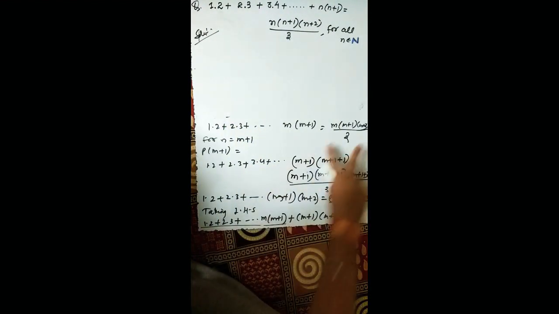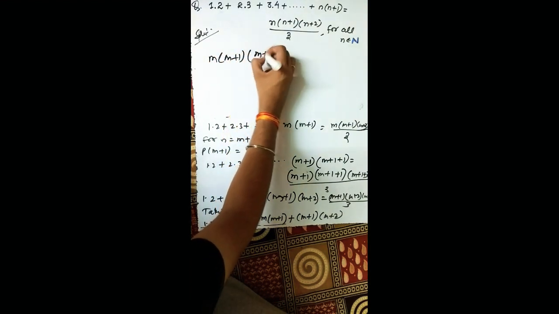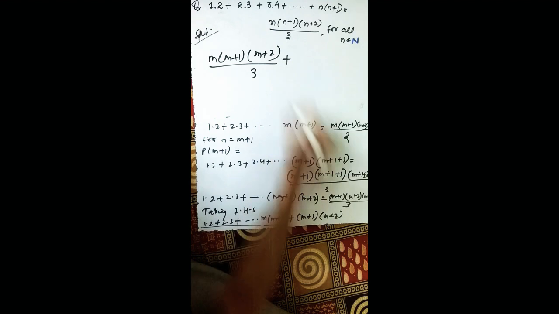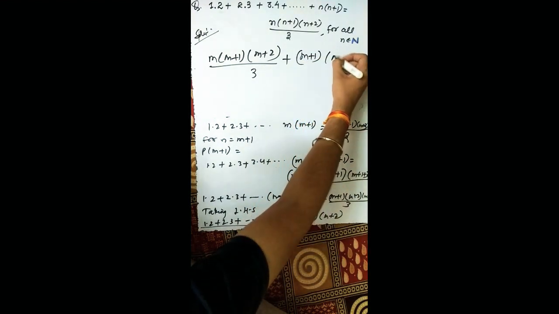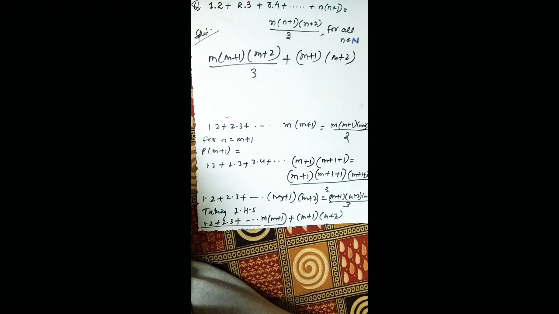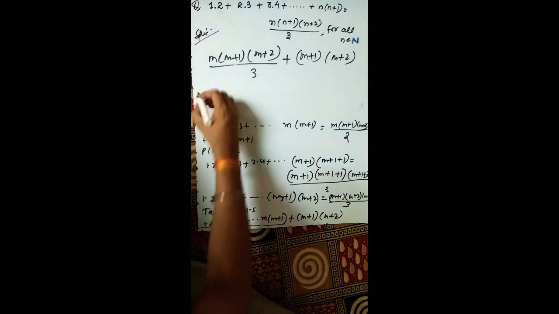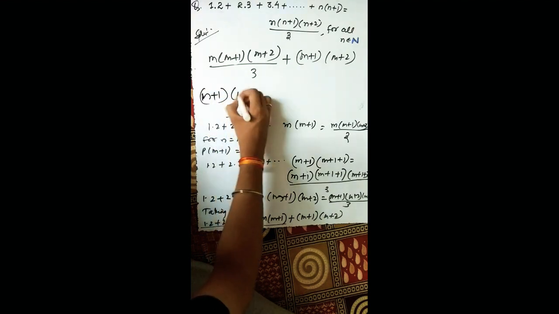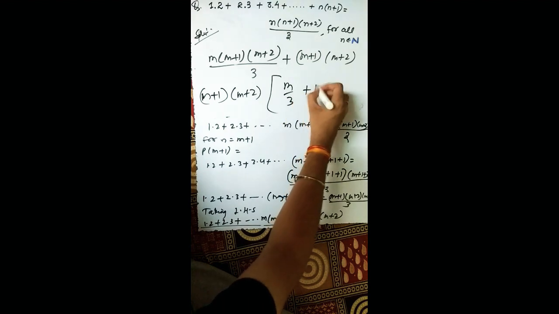In place of this step, we are writing m plus 1, m plus 2 upon 3 plus this m plus 1 and m plus 2. Now as you can see, m plus 1, m plus 2 and m plus 1, m plus 2 you can take common. So m plus 1, m plus 2, in the bracket you are left with m upon 3 plus 1.